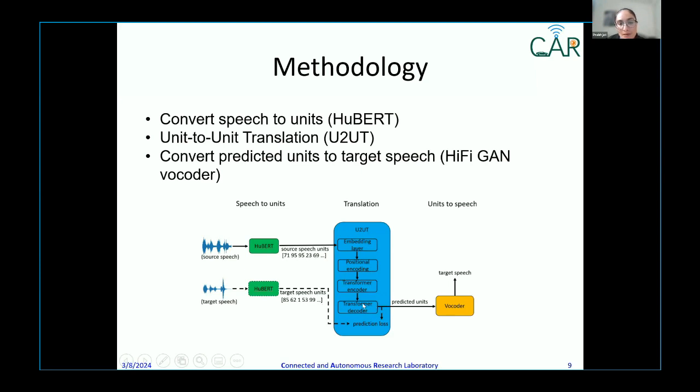But during the inference phase, obviously we don't have the target speech, so we only have the source speech. That source speech is first converted into discrete units, the model predicts the target units, and we convert those units to speech. This is the overall architecture.